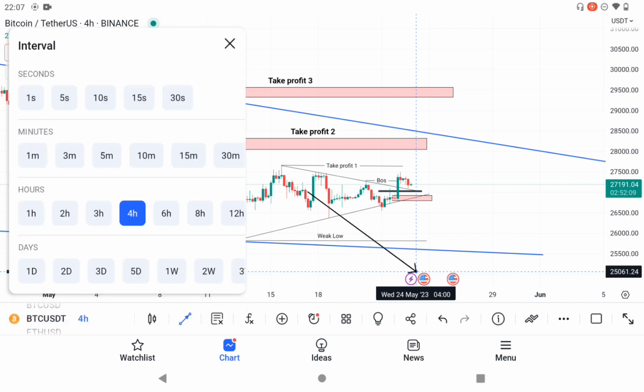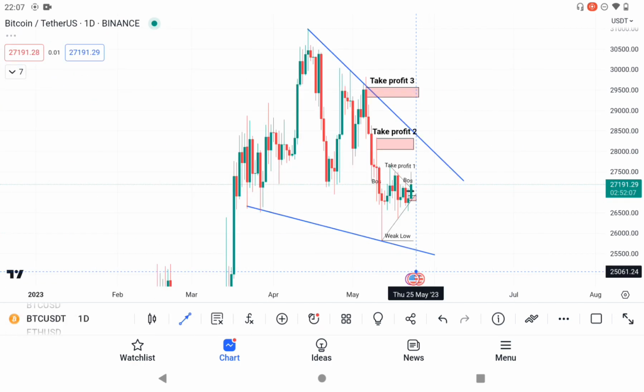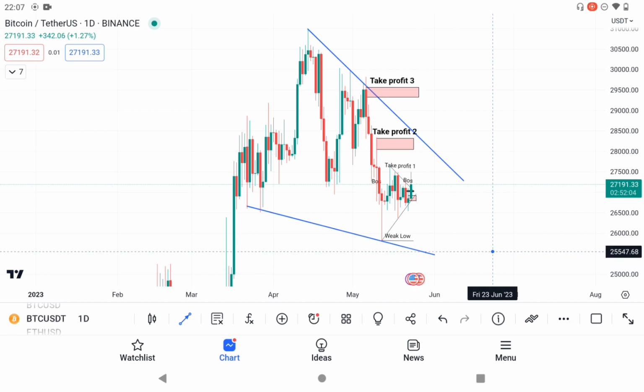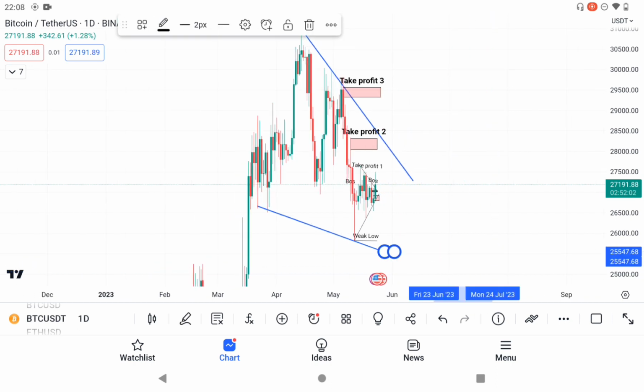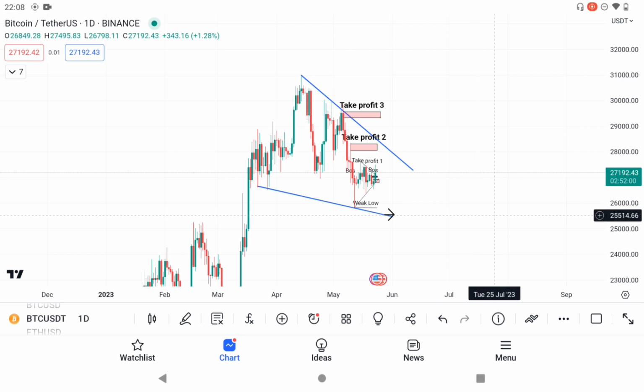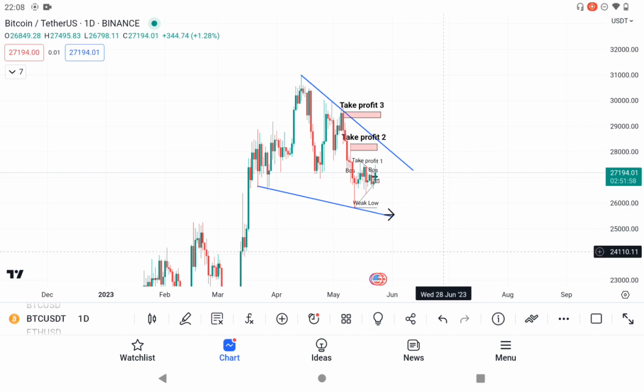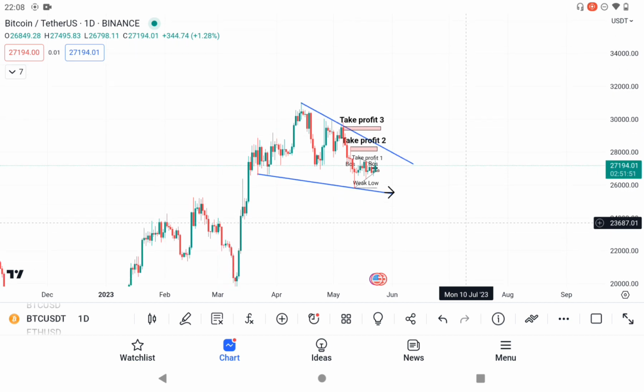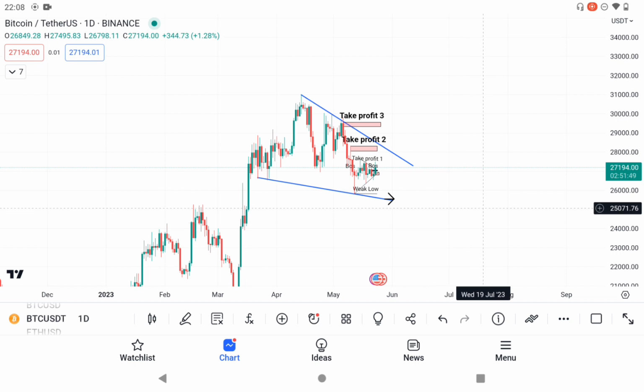So we should be expecting lower prices at about, let's say, I can't really say right now, but let me just go back to the daily so I see where our possible next target could be. It could be very deadly. It could be as low as 25k. Yeah, I think that was the local resistance that was broken with some high volume.